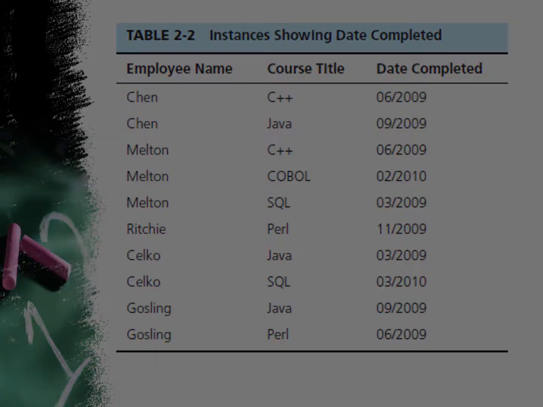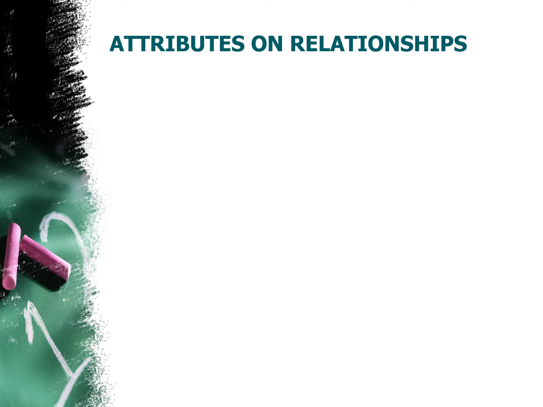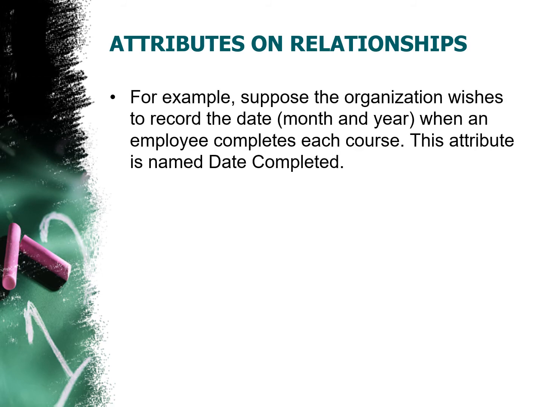The attributes on relationships. Suppose that the organization wishes to record the month and year. This is in relation to the previous table that you have seen earlier, when an employee completes each course. It has to be recorded, to a certain extent.